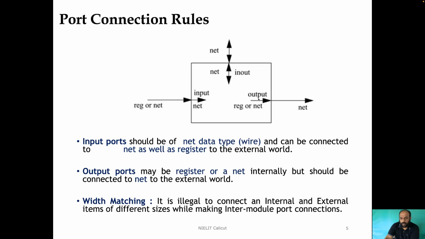For example, suppose this output port is of a register type and is 8 bits wide. It needs to be driving a net having the same width of 8 bits. Otherwise, there will be an interconnection error, a width mismatch error. So these are the important port connection rules that must be strictly followed while we are describing modules in Verilog.